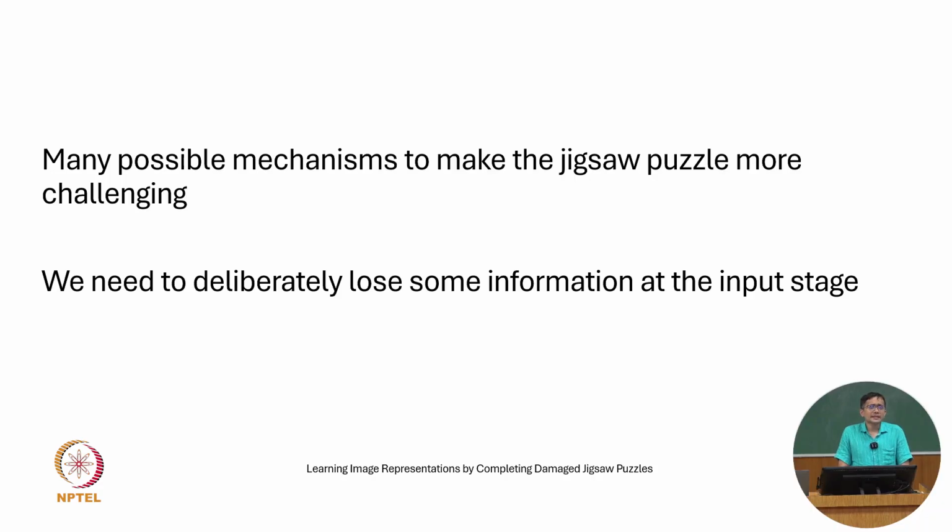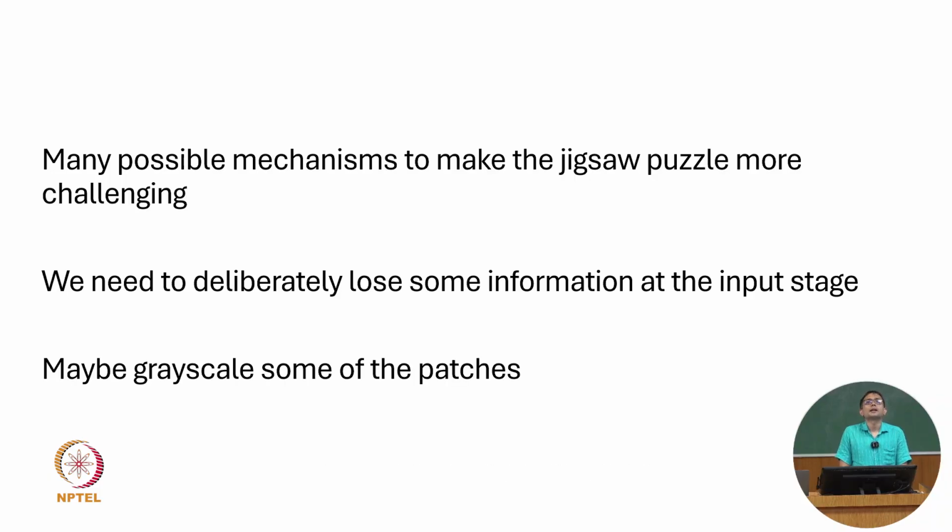Before going to the next slide, maybe you can take a pause here and think for 5 seconds. What could be the possible mechanisms? Okay. So one very straightforward mechanism could be to grayscale some of the patches.